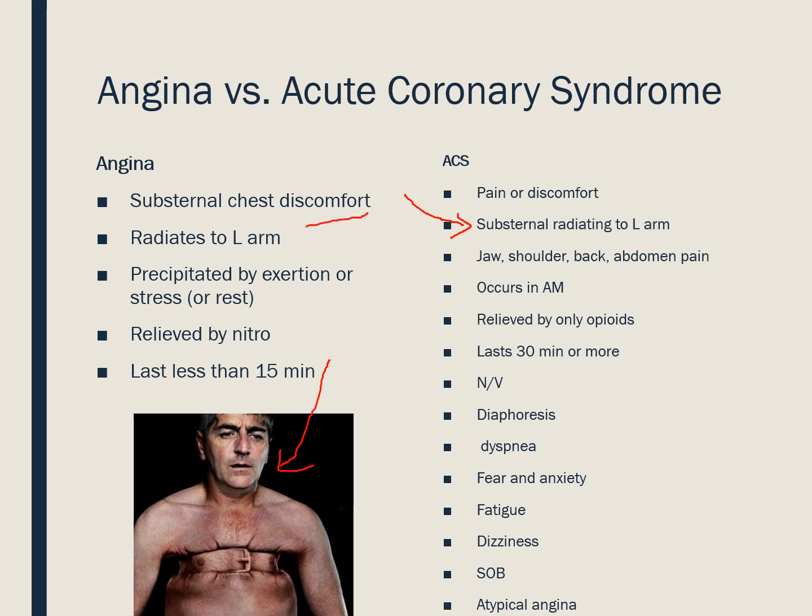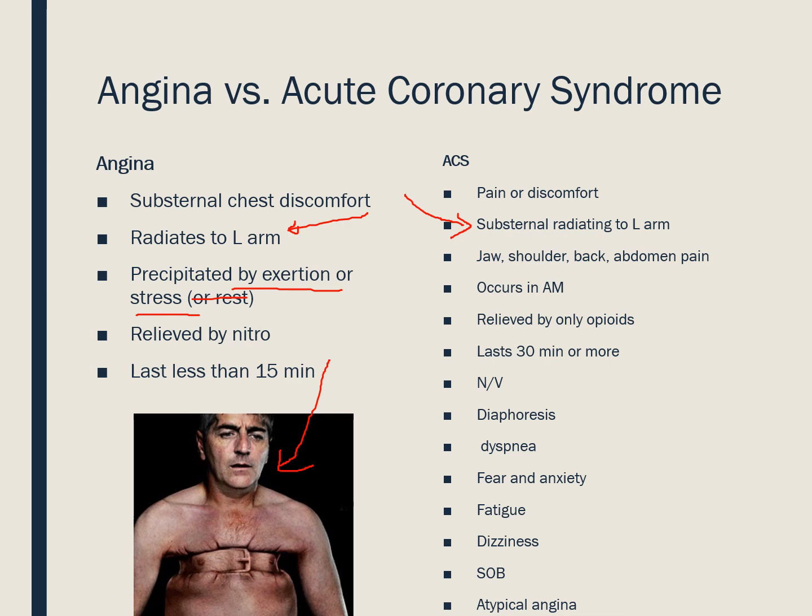And it's going to be radiating, but keep with me. I'll try to distinguish it for you. When we are having angina, it is usually precipitated by a time of exertion or stress. Really not so much rest.